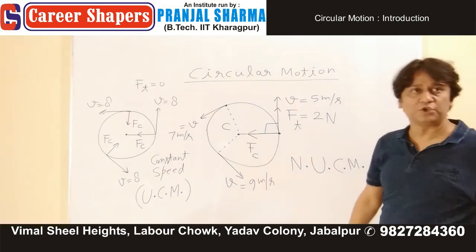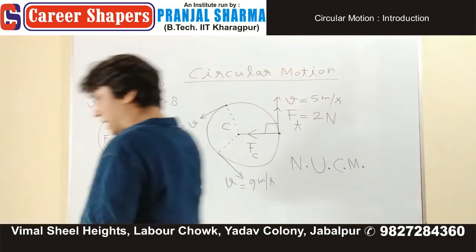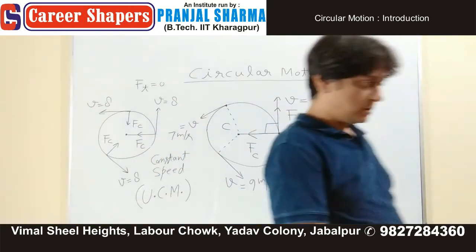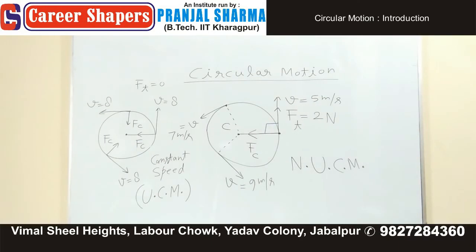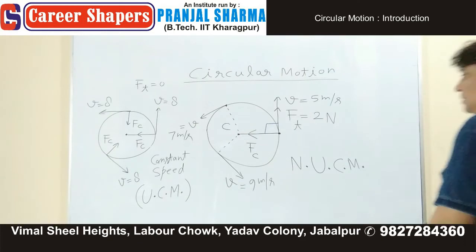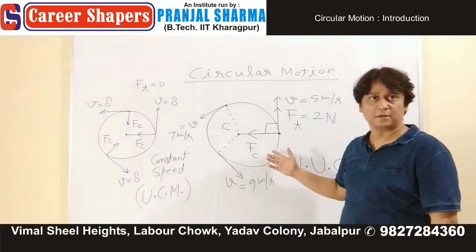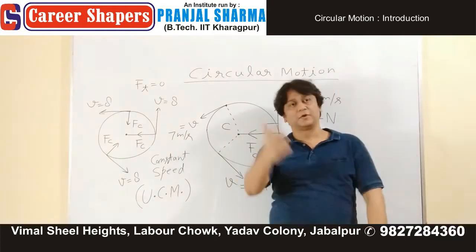Now tell me, in which, UCM or NUCM, velocity remains constant? Answer this. In which case velocity remains constant, UCM or NUCM? Good. Neither in first nor in second. What is velocity?